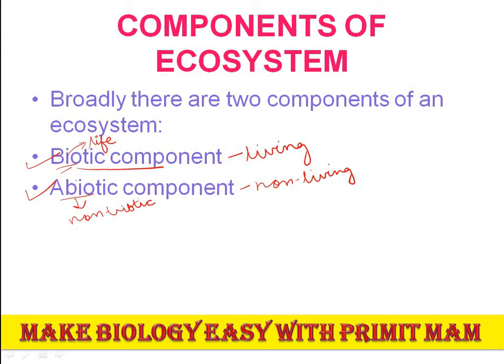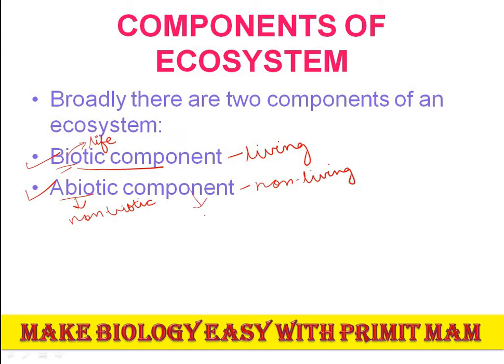The second type of component of an ecosystem is abiotic component. These are non-living components, as I have already told you. Now, what are the non-living things present in an ecosystem and required by all the living organisms?